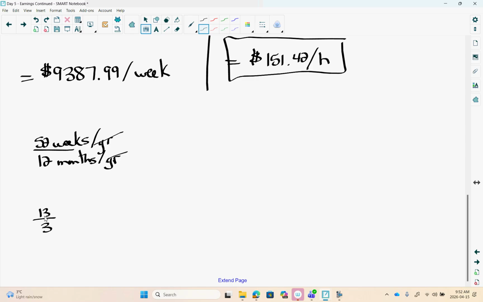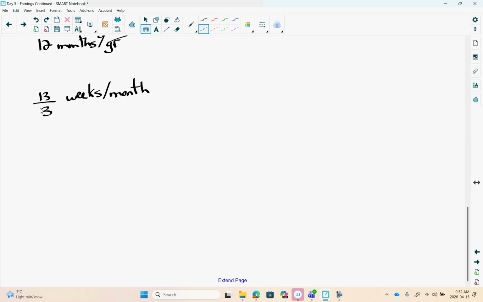So if you use 13 over 3, that's great. That's 4 1/3. So it's roughly 4.33. That's weeks per month. And the 13 divided by 3 is really 4.3 repeating. And when we've been doing our calculations, we've been just using 4.33. So we're off a little bit.